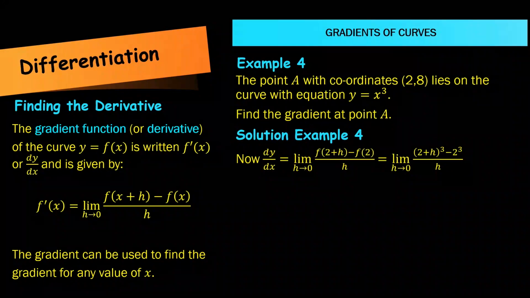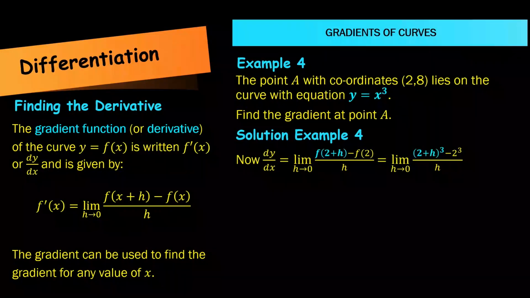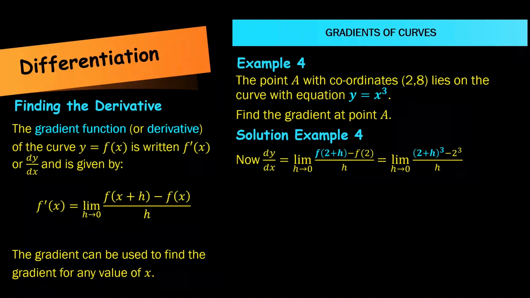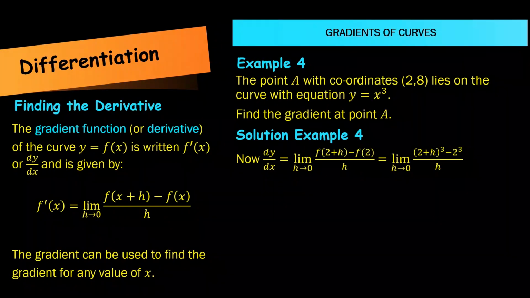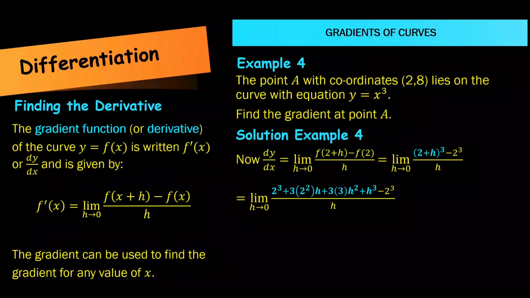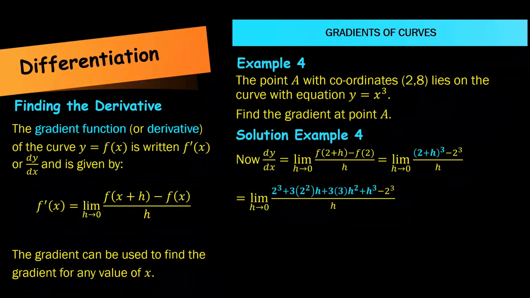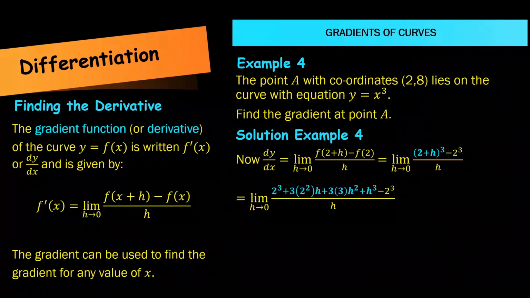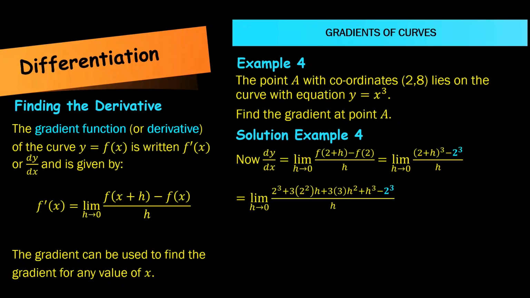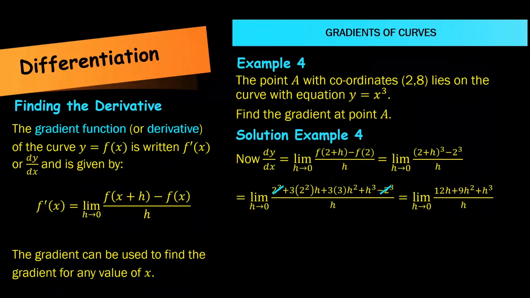And this in turn equals 2 plus h all cubed, because we're looking at y equals x cubed, minus 2 cubed all over h. And so expanding the first set of brackets gives the expression shown. And then tidying up gives us this expression.